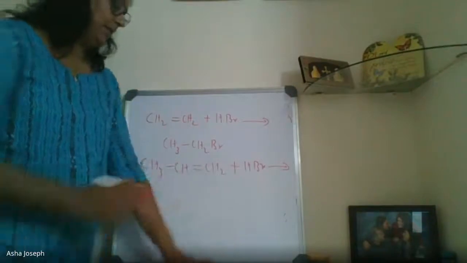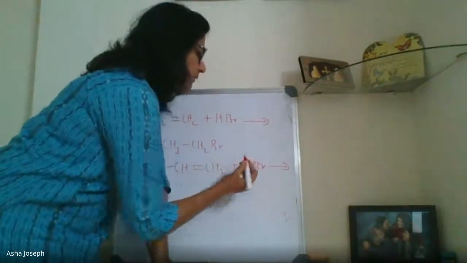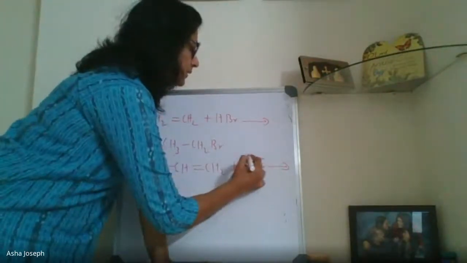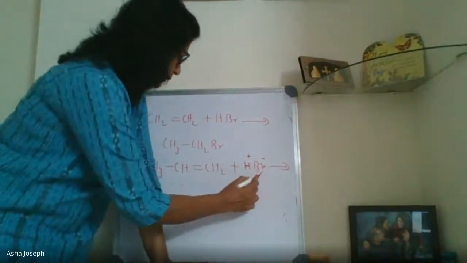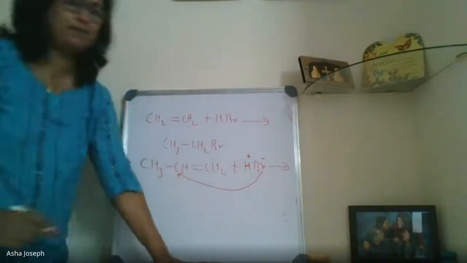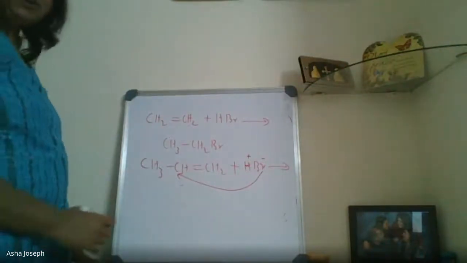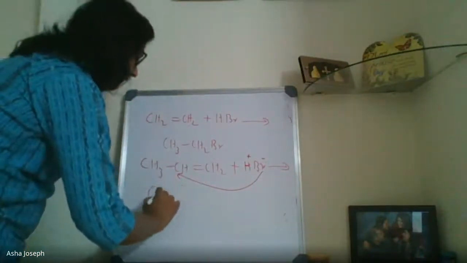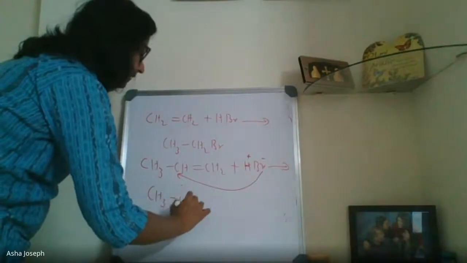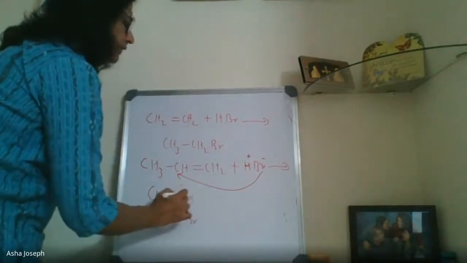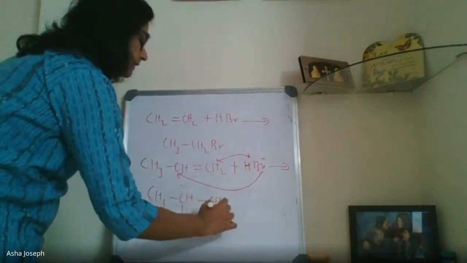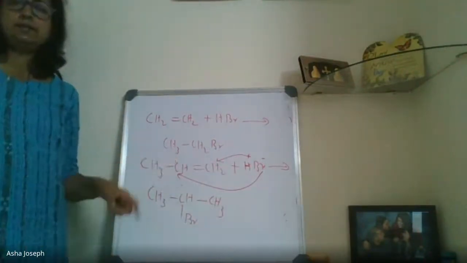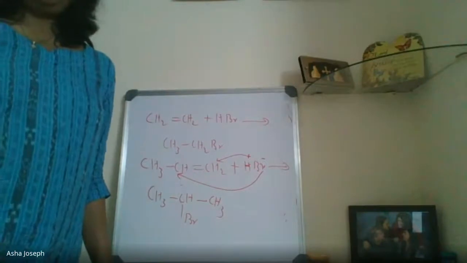So in the case of addition, this is the additive, HBr. The negative part and the positive part will be there. Negative part will go to the carbon containing less number of hydrogen. So those who do not remember, you can write. Negative came here, positive is coming to this. So it becomes CH3. So whenever addition takes place, the double bond becomes single bond.